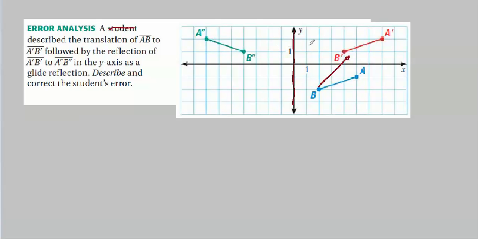So don't forget that a glide reflection is a particular type of translation and reflection where the translation and reflection lines have to be parallel. The vector, which would represent your translation, has to be parallel to your line of reflection. Then you have that very special case, which we call a glide reflection. Otherwise, it's just a translation and a reflection.